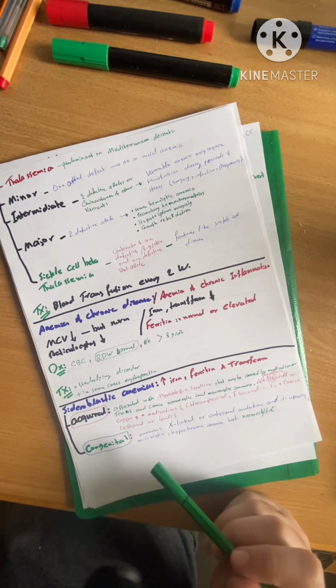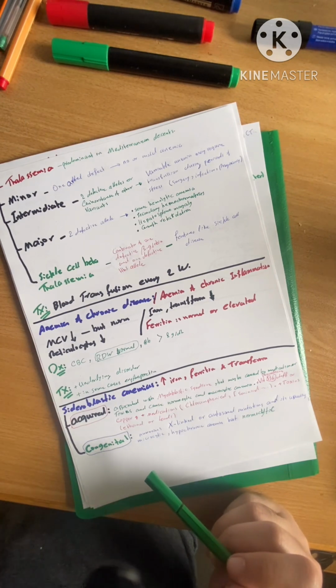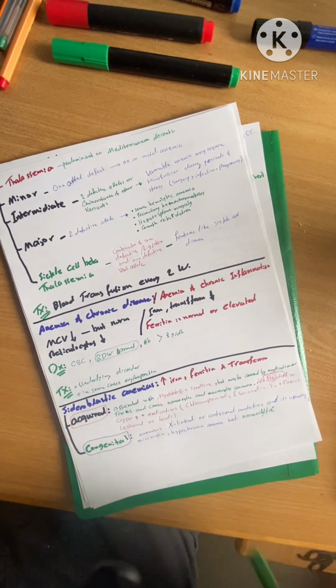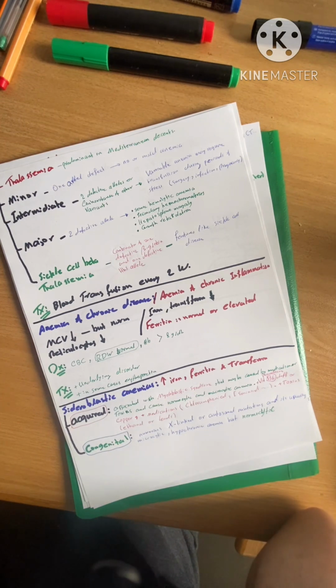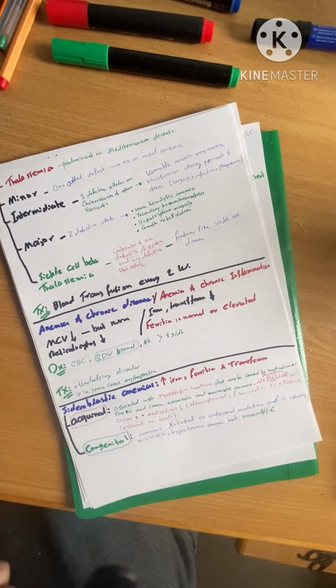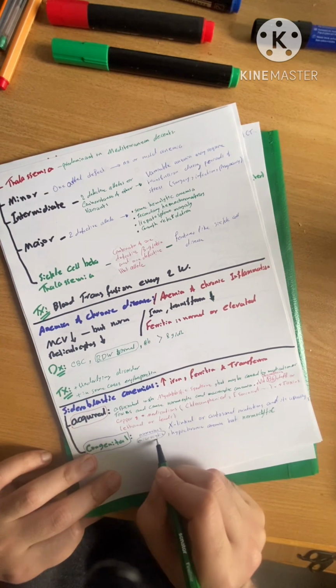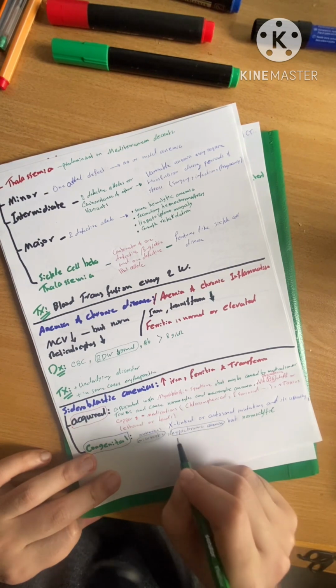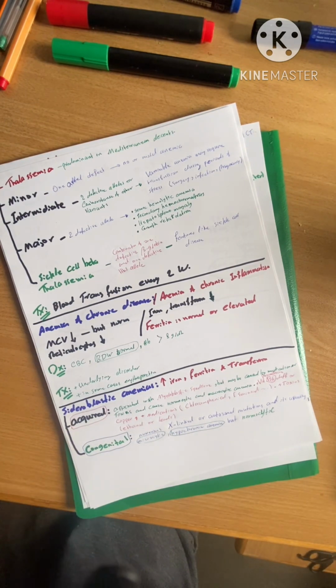So we have two types, as we said, congenital and acquired. Acquired is usually with myelodysplastic syndrome, but it can also be caused by medications and toxins. Congenital is usually numerous X-linked or autosomal mutations, and it's usually microcytic and hypochromic, but it can be also normocytic.